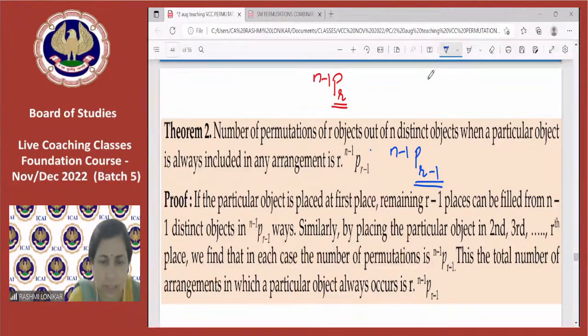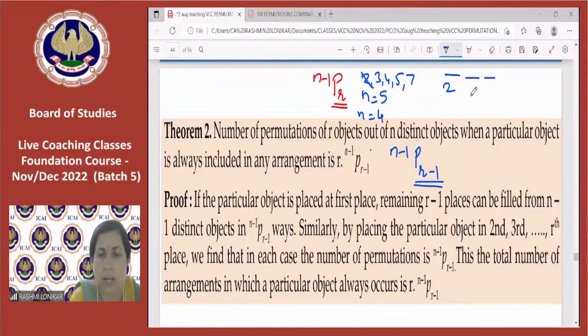Suppose I want to form a 3-digit number, and I have the numbers 2, 3, 4, 5, 7. If the number 2 has to be always present, I will fix 2 over here. What is available for these two places? I have already selected this, so earlier n was 5, now n will become 4. How many places are available? Only 2 places.